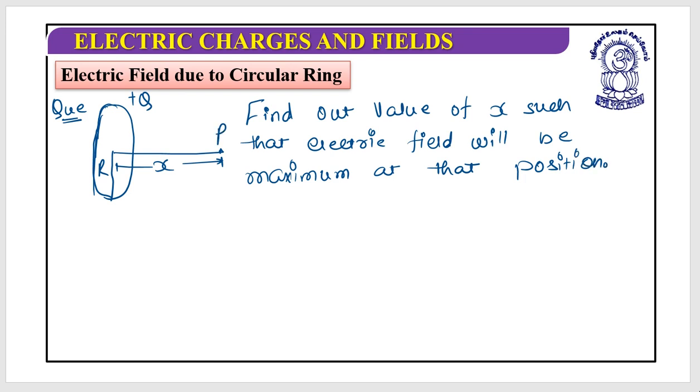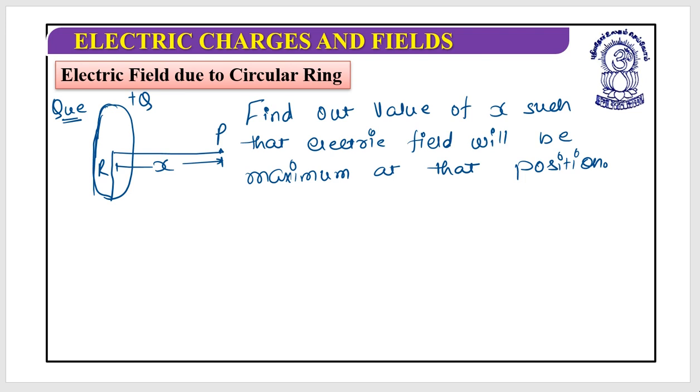Go through this data very carefully again and again. Please do it. Just go through this. What you need to find out is a value of x such that electric field will be maximum at that position.